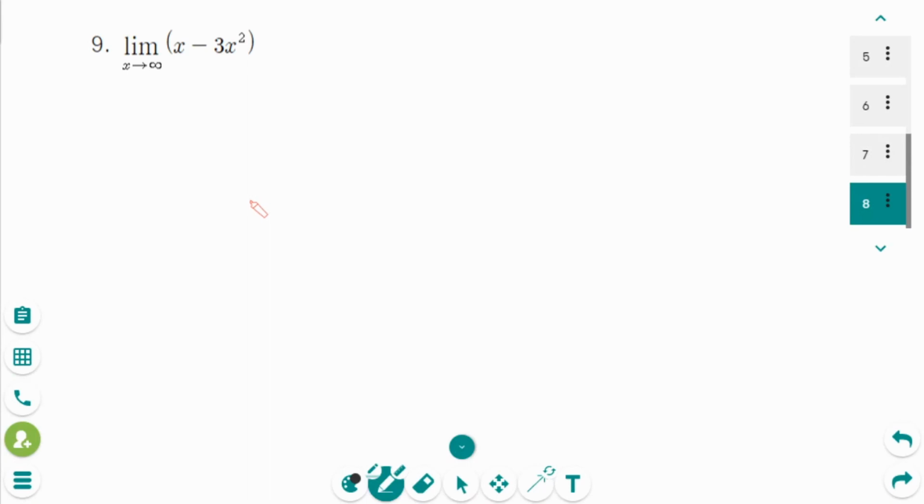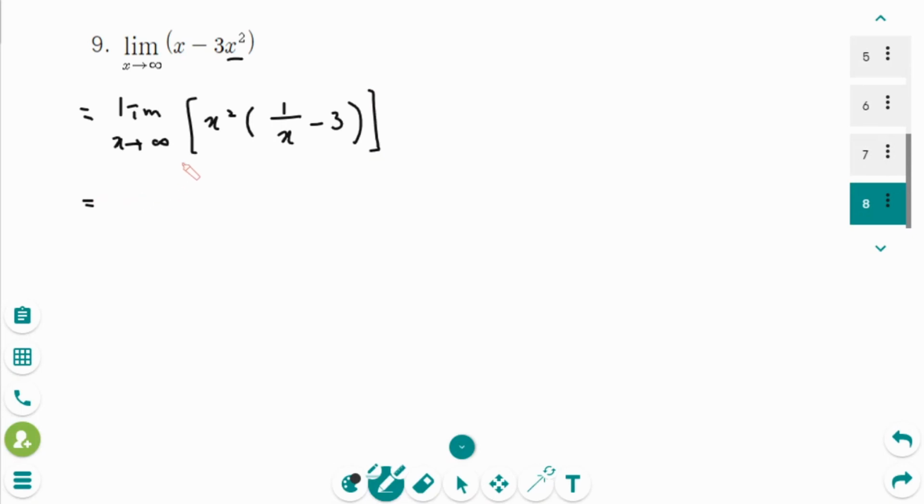Now, I will show you a slightly different question. The question is like this. This question shows an infinity minus infinity form. When you see this format, you must take out the highest power of x, which is x squared. So the limit becomes x squared, then 1 over x minus 3.